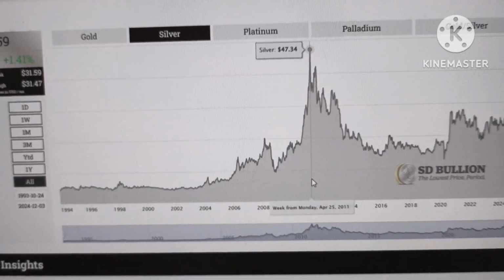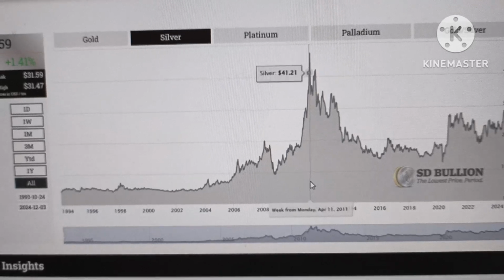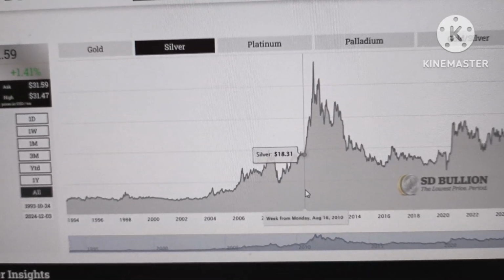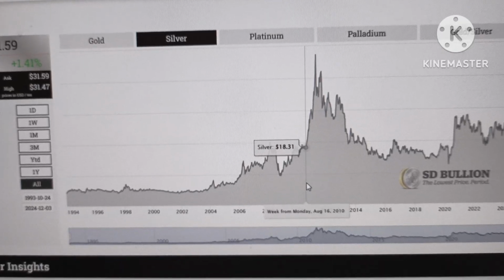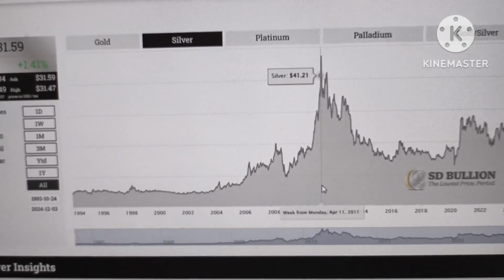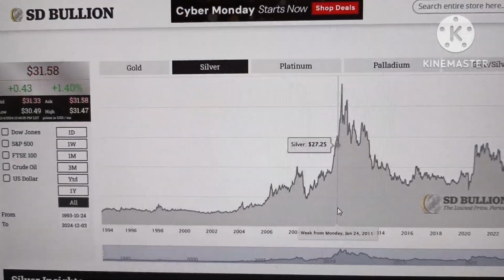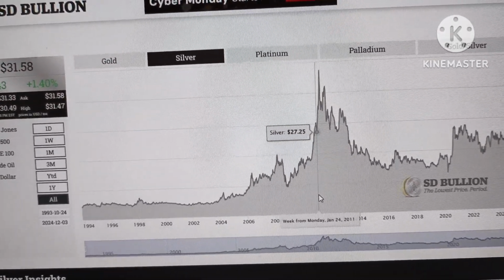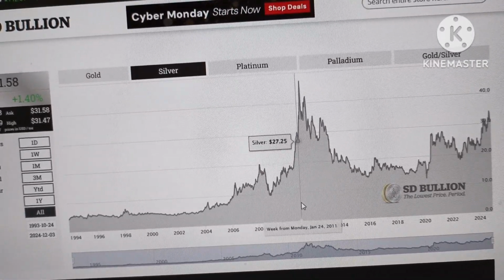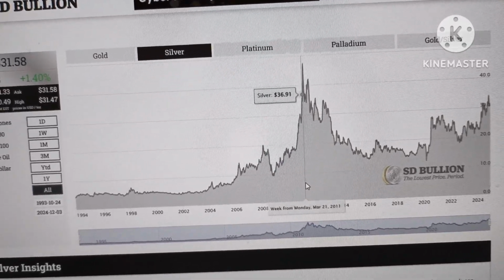It says April 25th, 2011, and then down here, August 16th, 2010. So between August and April, so August, September, November, December, January, February, March, April, that's 8 months, okay?